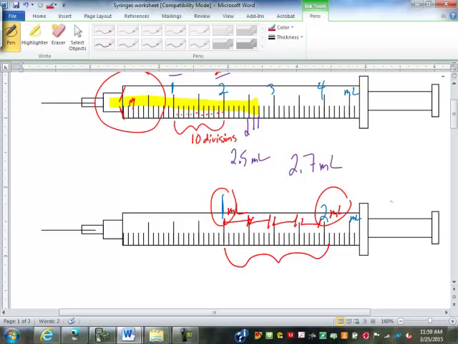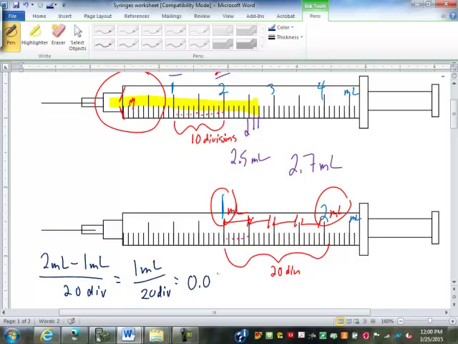If I count up how much is in one of those, I can just multiply by 4. I have 1, 2, 3, 4, 5 times 4 is 20 divisions, or 20 spaces. And again, I have 2 milliliters minus 1 milliliter divided up over 20 divisions. So that's 2 minus 1 is just 1 milliliter divided by 20 divisions is 0.05 milliliters per division.